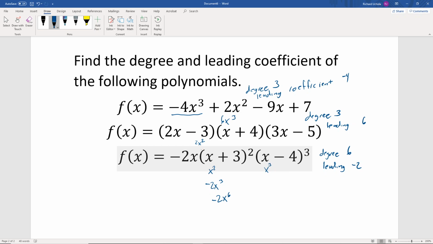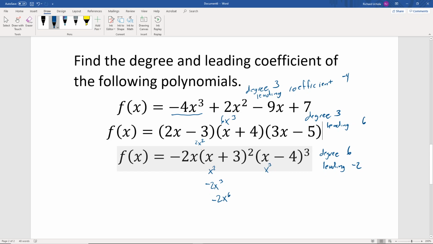Now, what you're going to see when you discuss the graphs of these polynomial functions is that you're going to be able to tell a lot, and it's really a lot. It's really amazing how much you could tell just by looking at the leading term and knowing what the degree is.